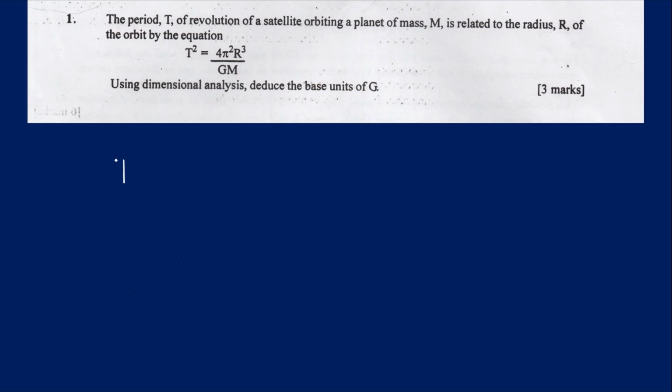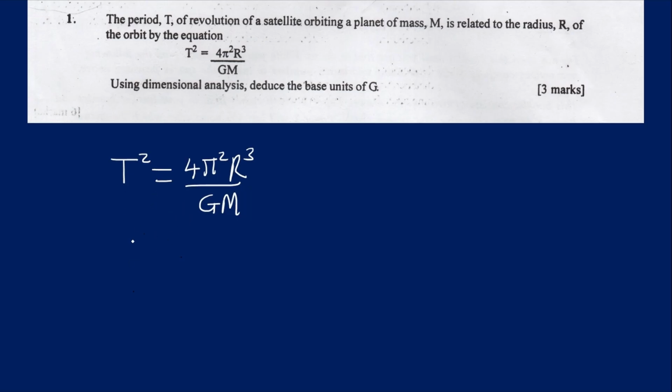So we have T squared is equal to 4 pi squared r cubed divided by Gm. We know that T is the period, r is radius, m is mass, and we want the base unit of G. So first of all, let's make G the subject. Let's cross multiply.